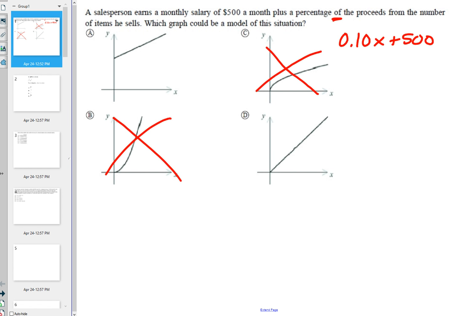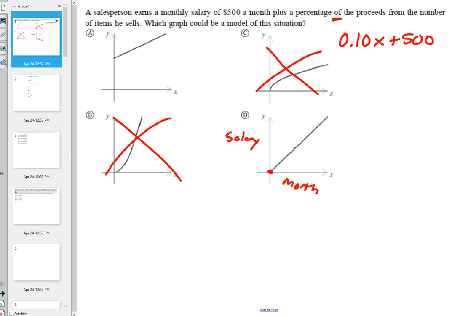The difference being the y-intercepts. D here has a y-intercept of (0, 0), which, if x is months and y is how much salary he has, implies that at the beginning of the month he hasn't made anything.